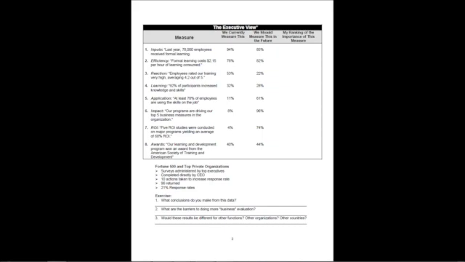Which one do you think is least important with this group? If you can please type the answer 1 to 8 in the questions section, I'll be able to read it for Dr. Philip. Yeah, and so which one do you think is least important in the minds of these top executives of these large organizations?